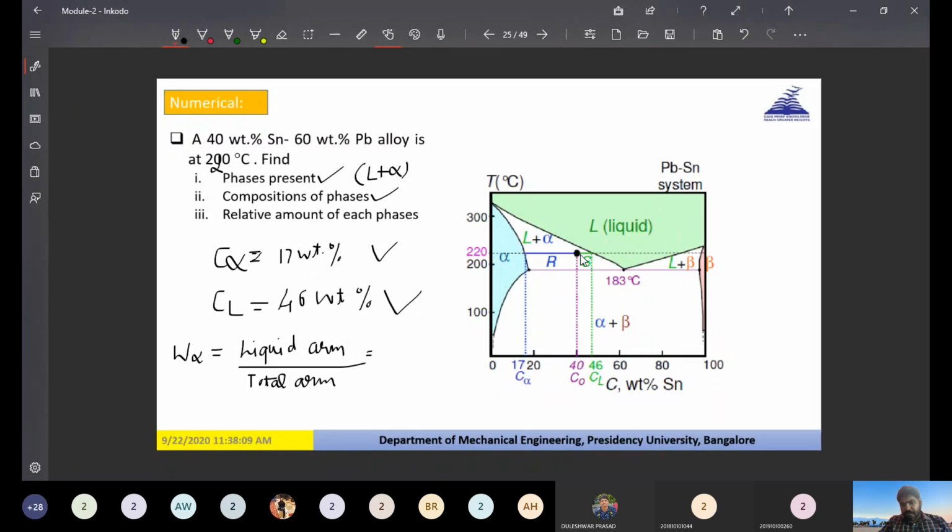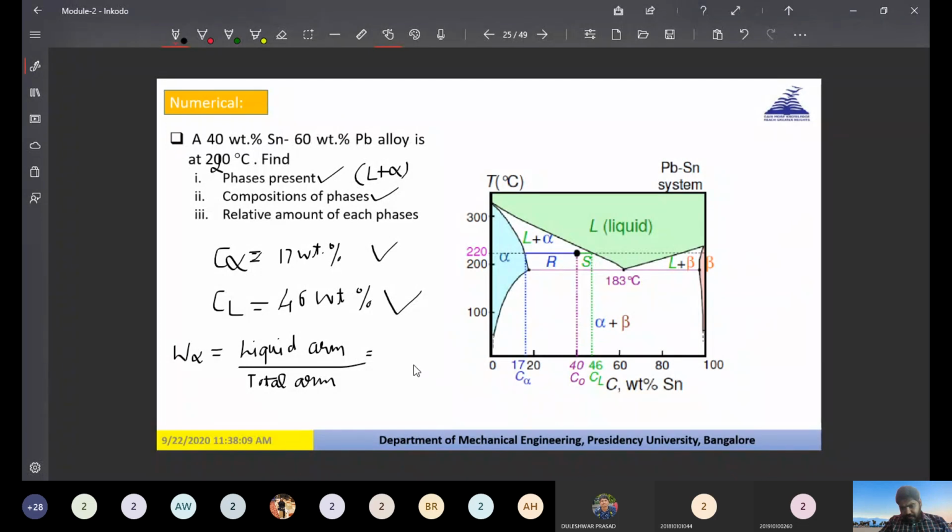So you see, this is the point where you have to find the amount of phases. This is the solid arm and this is the liquid arm. To find the weight fraction of alpha, you take the liquid arm divided by the total arm.